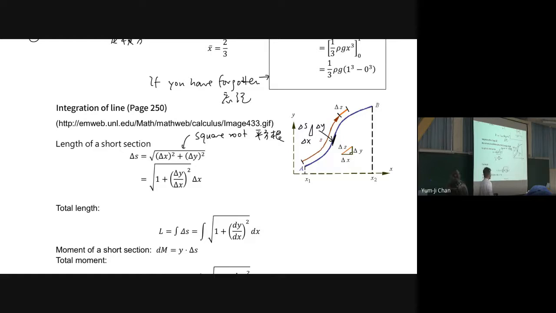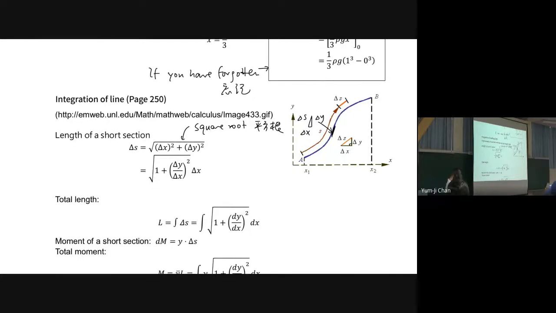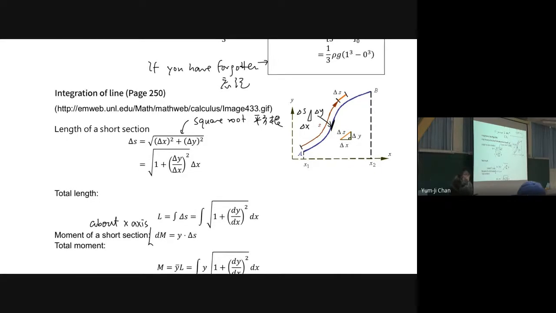Now, after we determine the length of the line, we want to determine the moments of the line, let's say about the x-axis. The x-axis is here, of course.